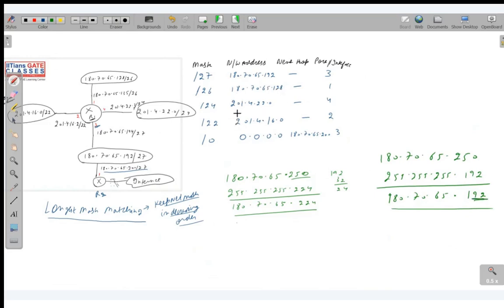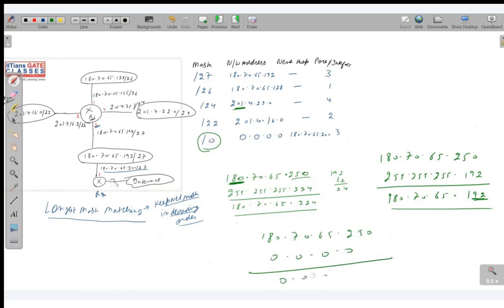Now there is no question of matching with this and this, because here we have 201 and here we have 180. So why apply /24 or /22? It is just wastage of time. Are you getting it? So finally I will apply this /0. /0 means zero ones are there, so all will be zeros.